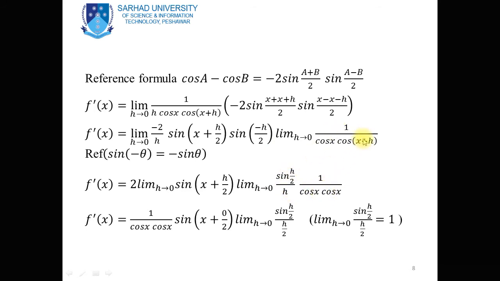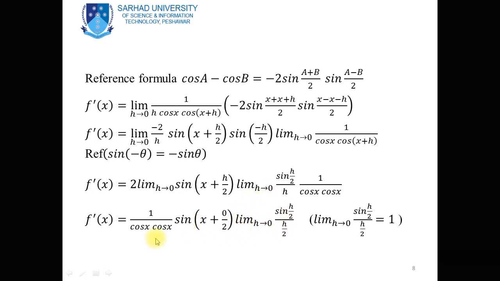Putting the limit h is 0 for this term, we get 1 over cos x dot cos x, and now shift this to the denominator for the theorem, the limit as theta tends to 0 of sine theta by theta. So 1 over cos x into cos x as it is, and putting this limit in this expression, sine of x plus 0 by 2, and the limit as h tends to 0 of sine h by 2 divided by h by 2 will be equal to 1.